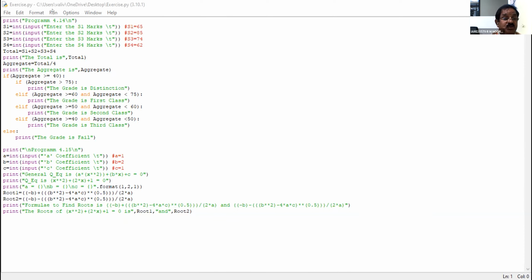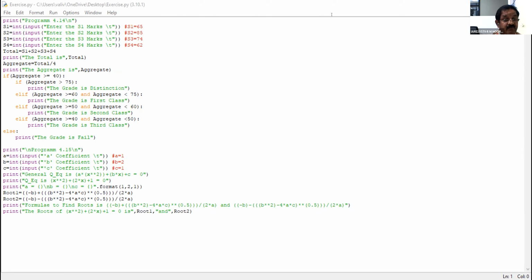I asked you to read the name of the student, the number, and then marks S1 to S4, right? And then display all these details, right? For the rest also it is the same thing, right? No problem. Make those particular changes and then show me the first program, right?